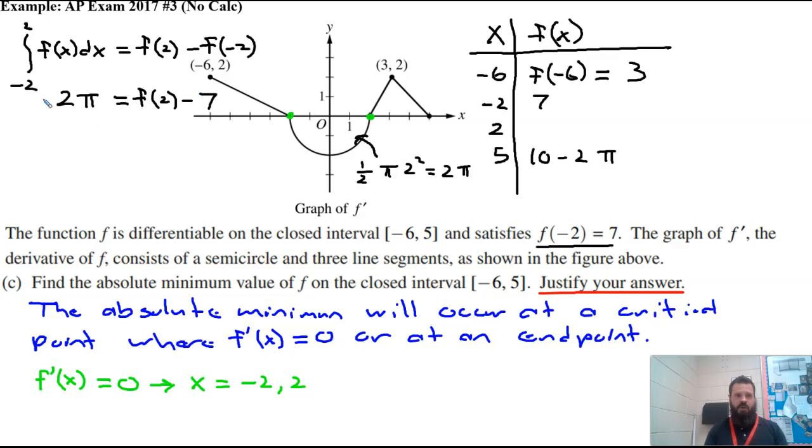What did we screw up here? We know that this is going to be a negative value, because we're below the x-axis once again. All right, so add 7 to both sides. That's going to give us that f of 2 is equal to 7 minus 2 pi.